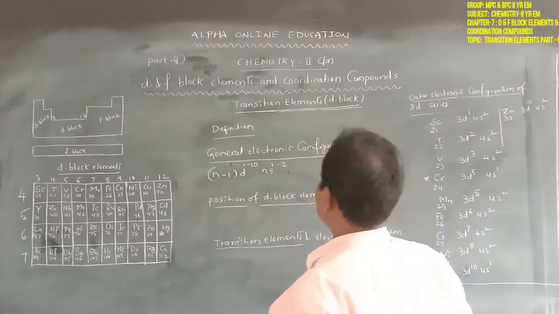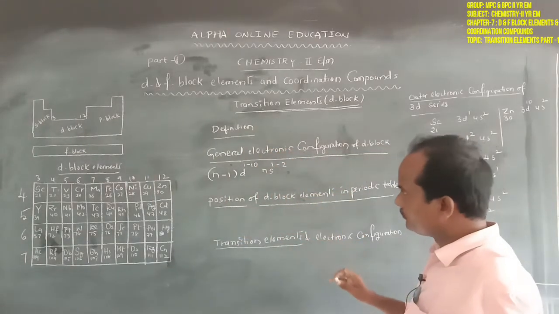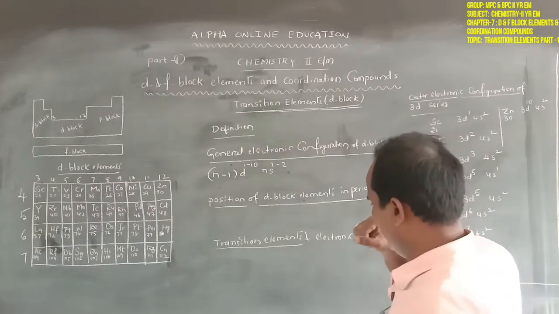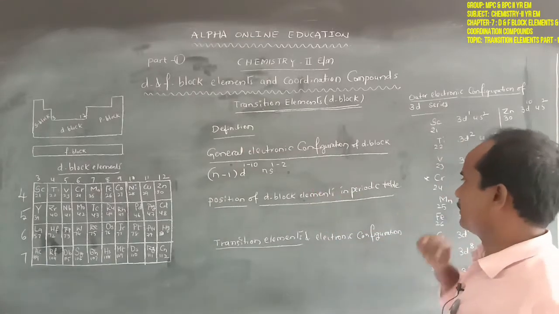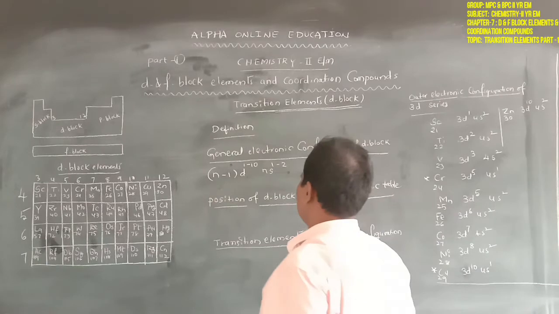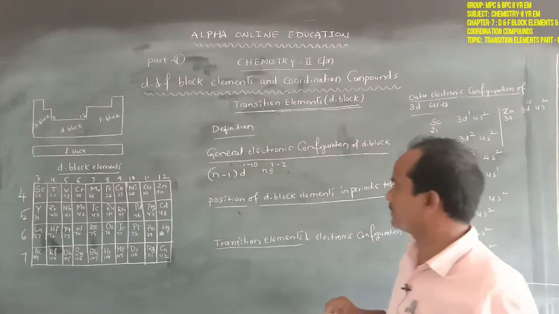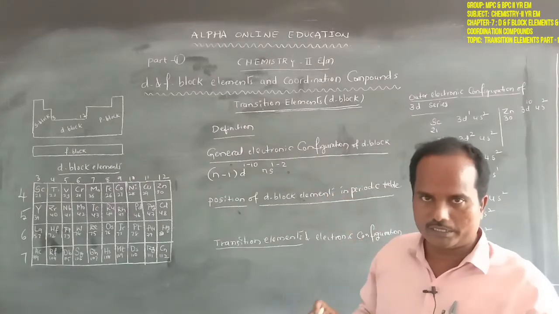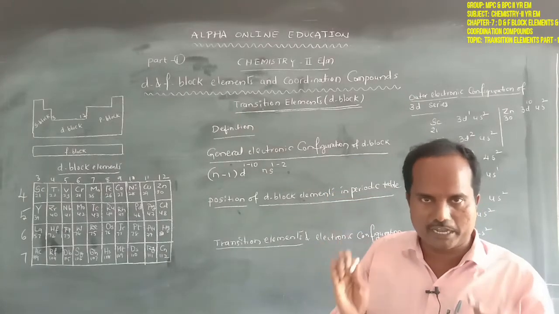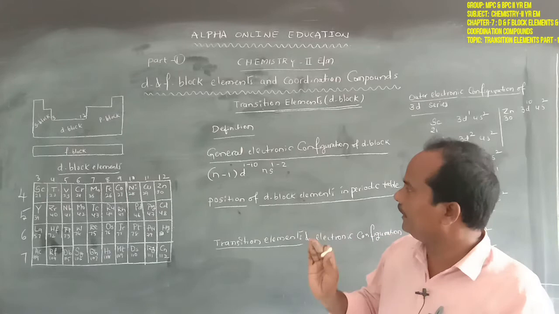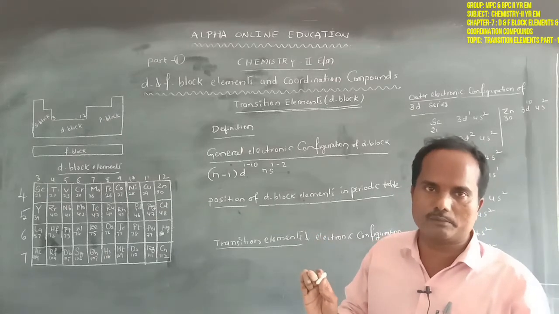Next, d block elements are also considered transition elements. What are transition elements? Transition elements are the d block elements which have incompletely filled n minus 1 d orbitals.